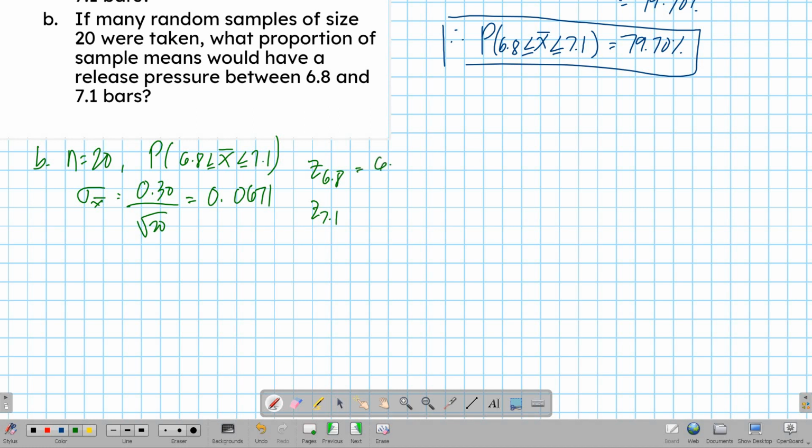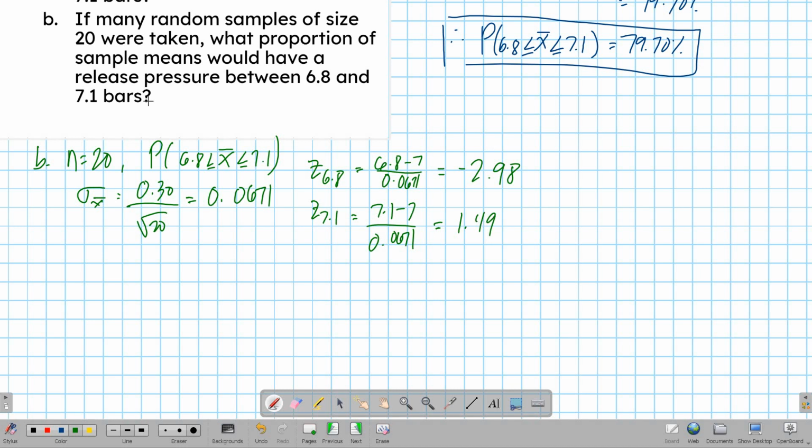So 6.8 minus 7 over 0.0671, and then 7.1 minus 7 over 0.0671. This time, the z-score of 6.8 is negative 2.98, while the z-score of 7.1 is 1.49.